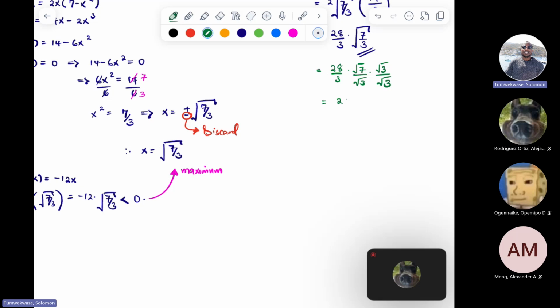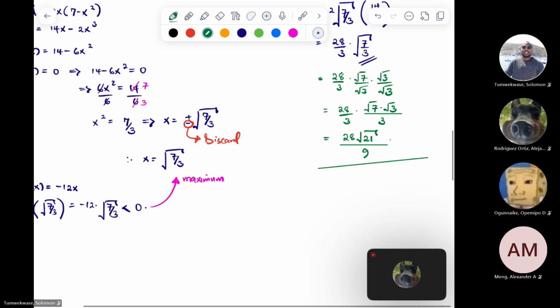So I have 28 over 3 times root 7 times root 3, over root 3 times root 3, which is just 3. And finally, I have 28 root 21 over 9.